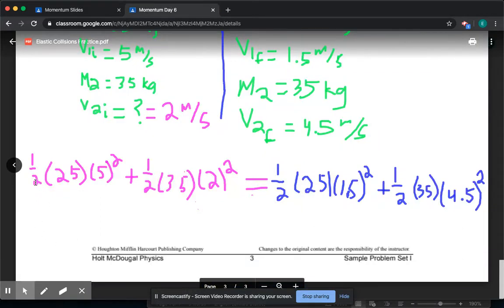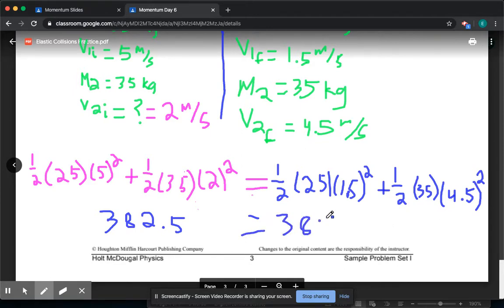If you plug everything into your calculator, you should get that both sides are equal to 382.5. So 382.5 is equal to 382.5.